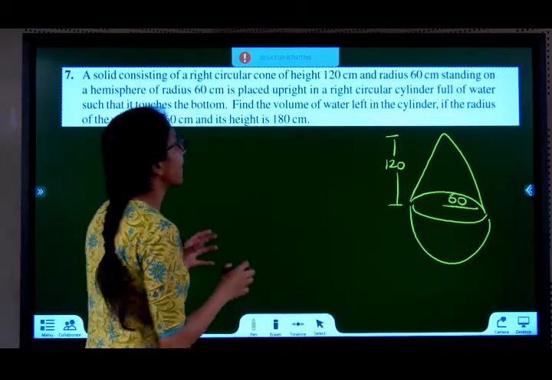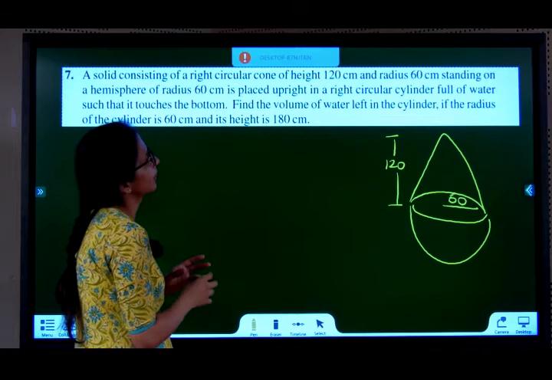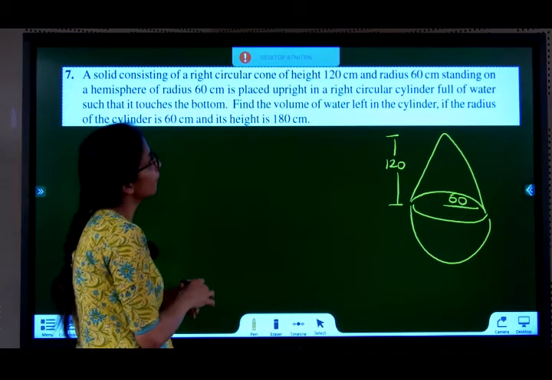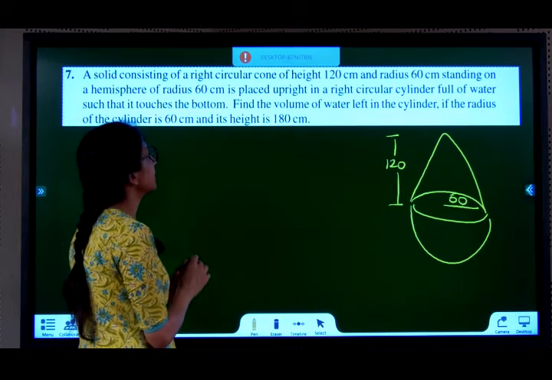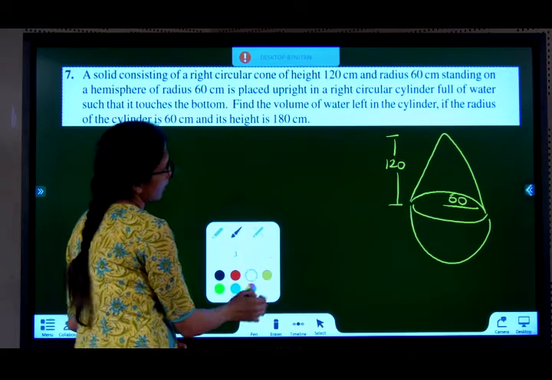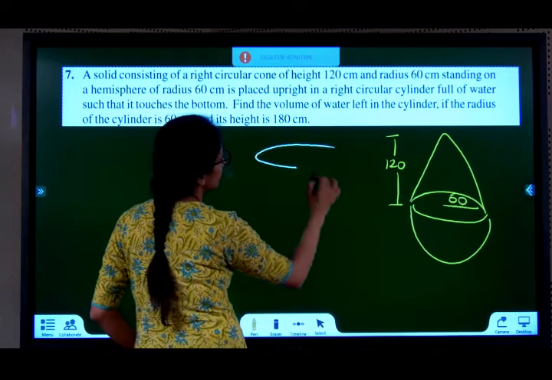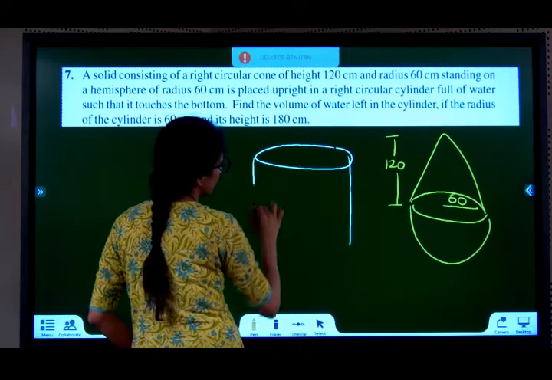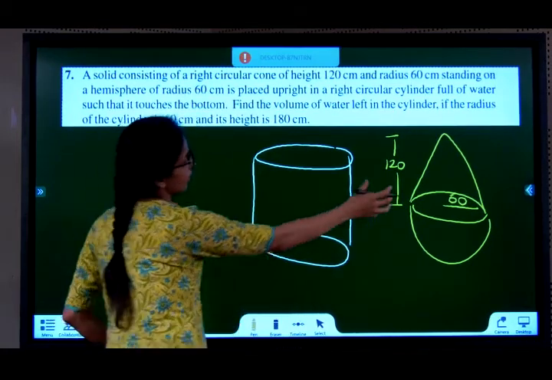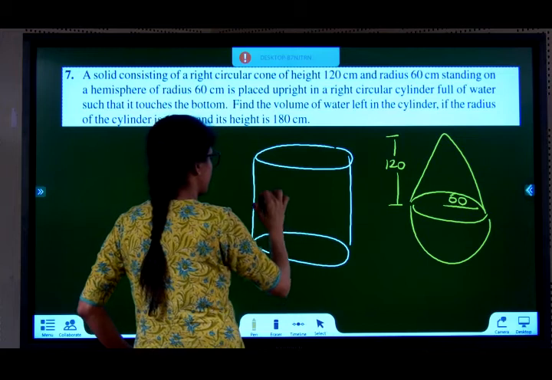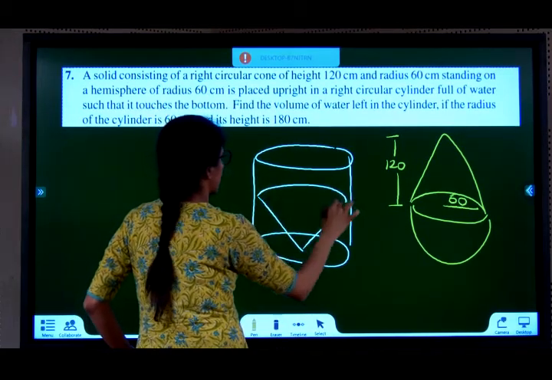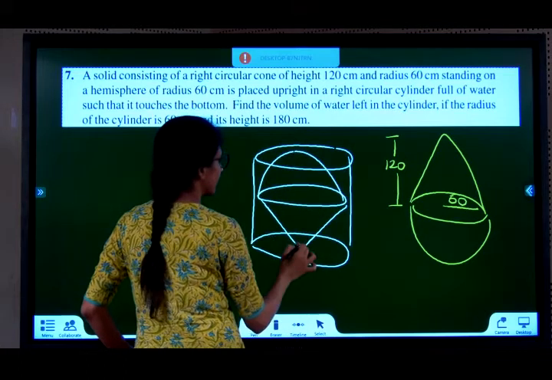It is placed upright in a right circular cylinder full of water such that it touches the bottom. Let's say we have a cylinder filled with water, and this is placed upright in it, touching the bottom.